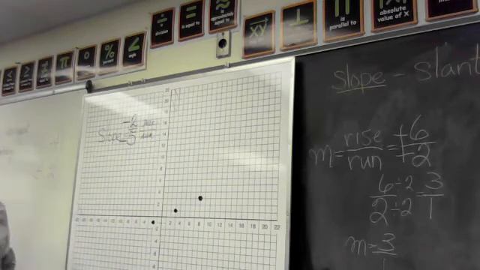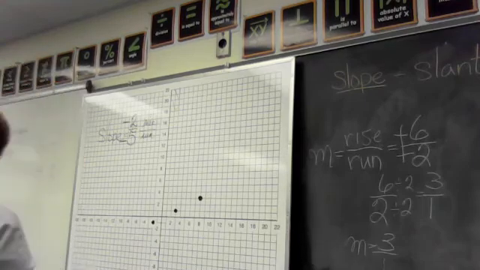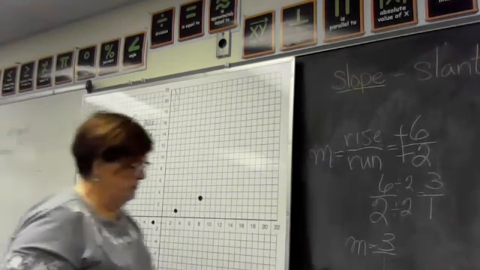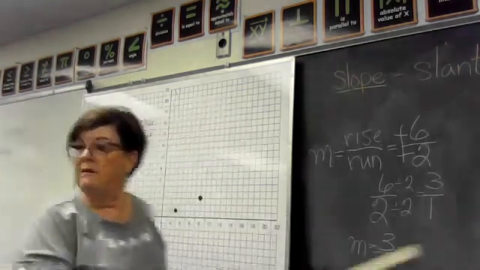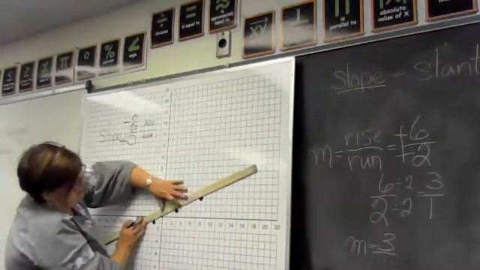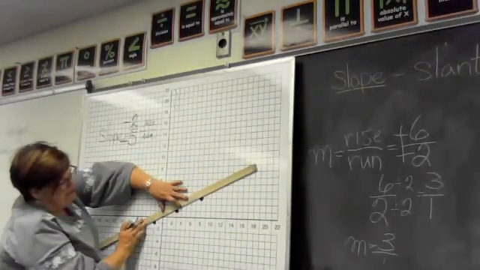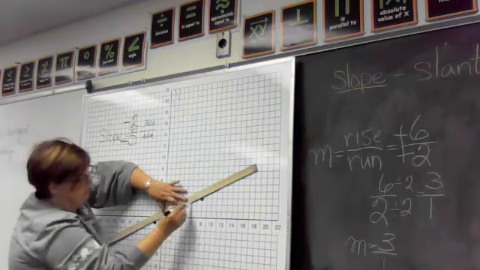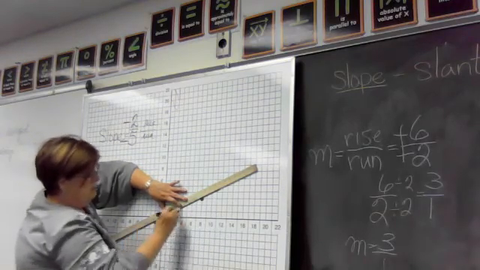And guess what? We could still draw a line through there because it's the same slope. Do you kind of see how it works a little? And see, all those points are in a straight line.